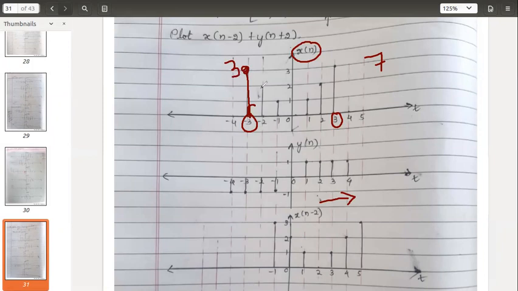If you shift this 3 to the right side, this is 1 amount, this is 2 amount. So what is the new position? Minus 1. So whatever 3 you have drawn at minus 3, you now draw it at minus 1. So one sample we have shifted.